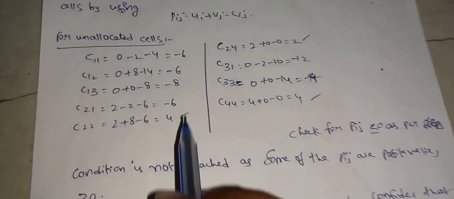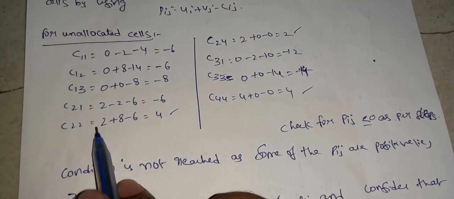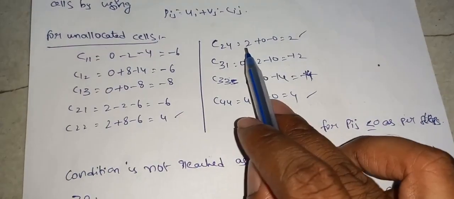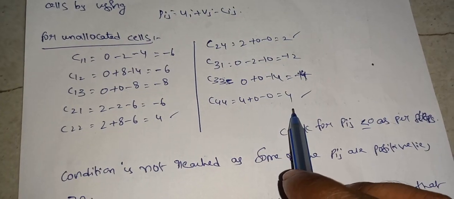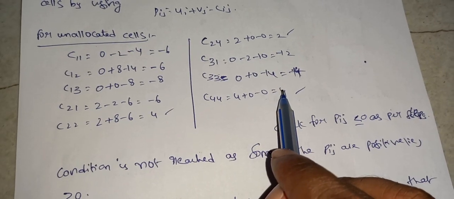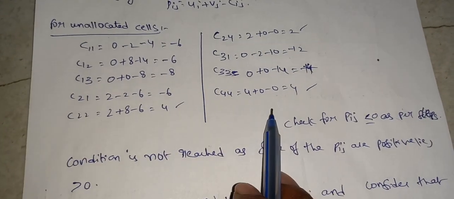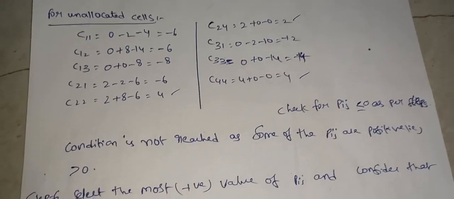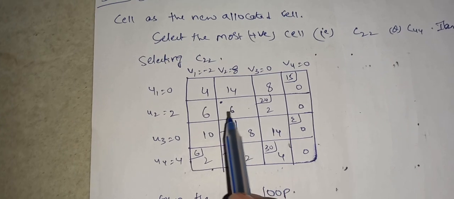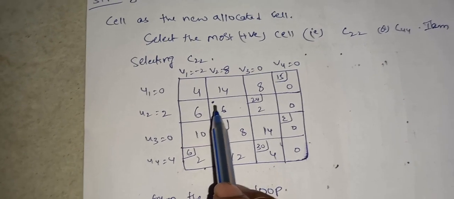Another iteration: select C22. C22 is 4, C24 is 2, C44 is 4. Select the maximum value. Here the maximum value is 4. By selecting that cell you have to form a closed loop. So here 4 is C22. C22 is this cell. I kept a dot here because the loop will start here.